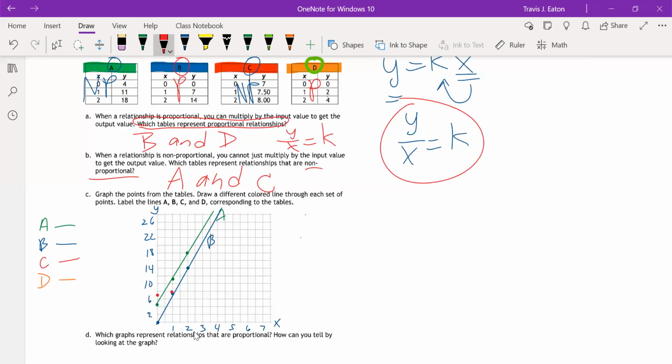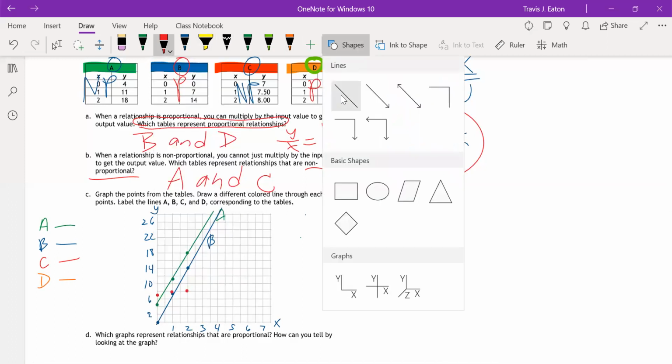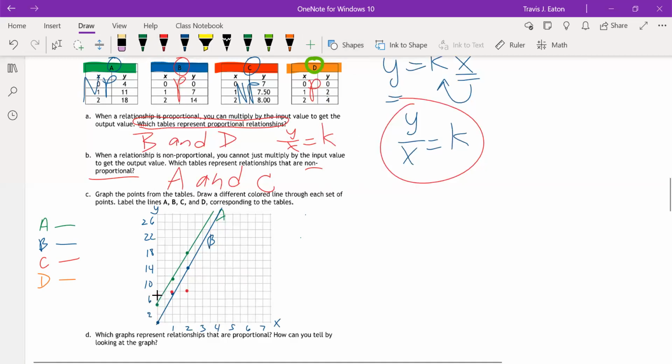And 2 and 8. Okay. Change the thickness of my line. Draw my line. There we go. Okay. And that is C.